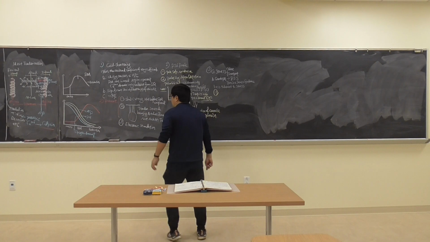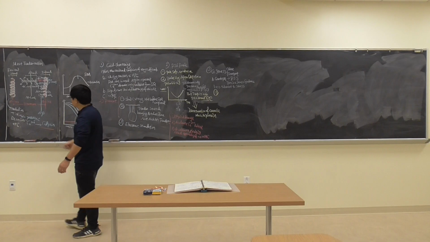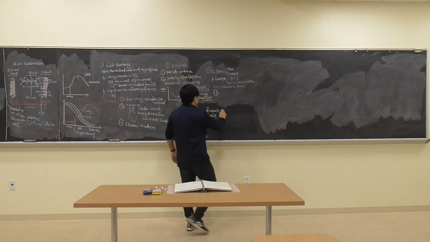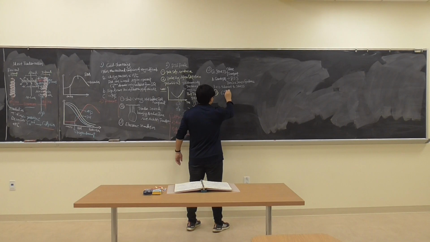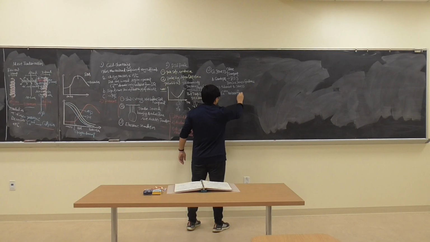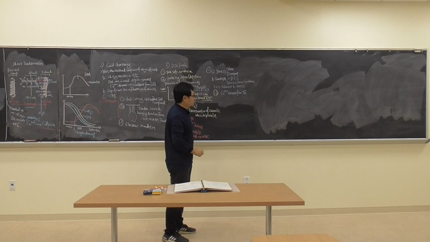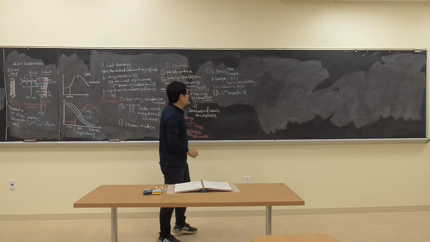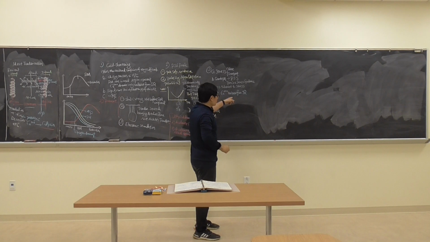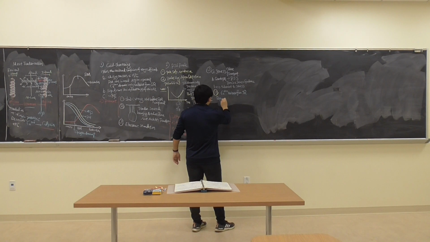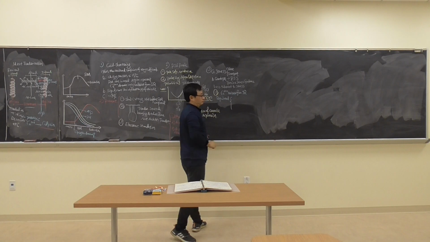Let's go back to what we talked about here, the sarcomere, and also the calcium release from the SR. Of course, there's release and absorption from the SR. The calcium release and absorption from the SR is regulated by two proteins.